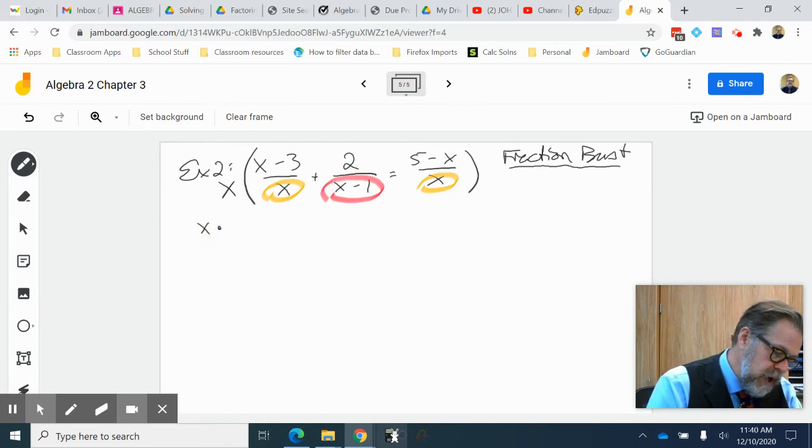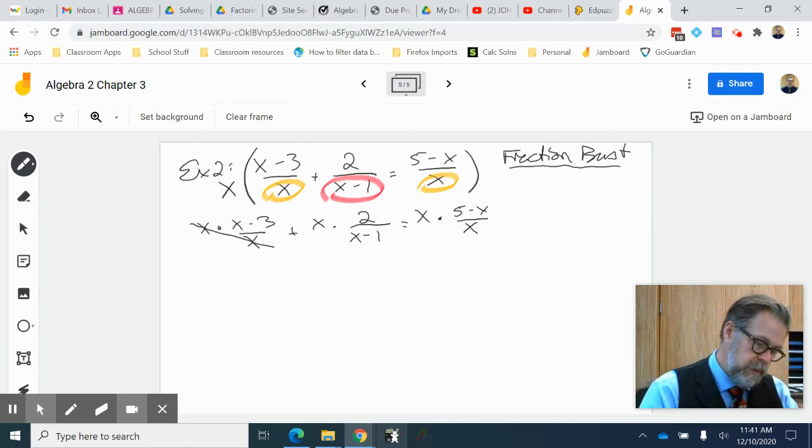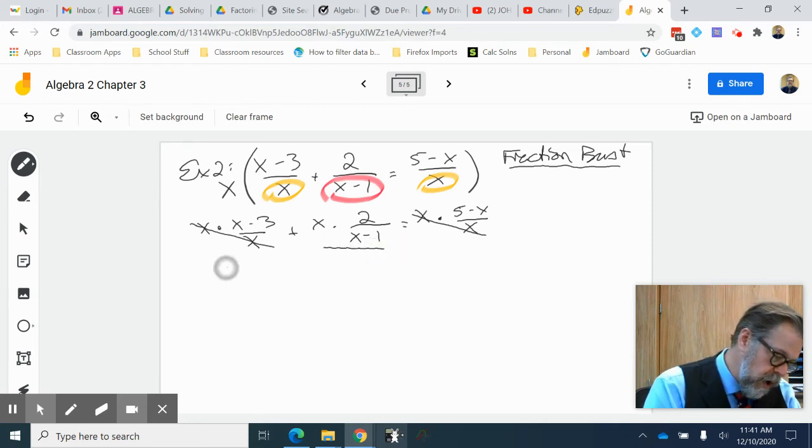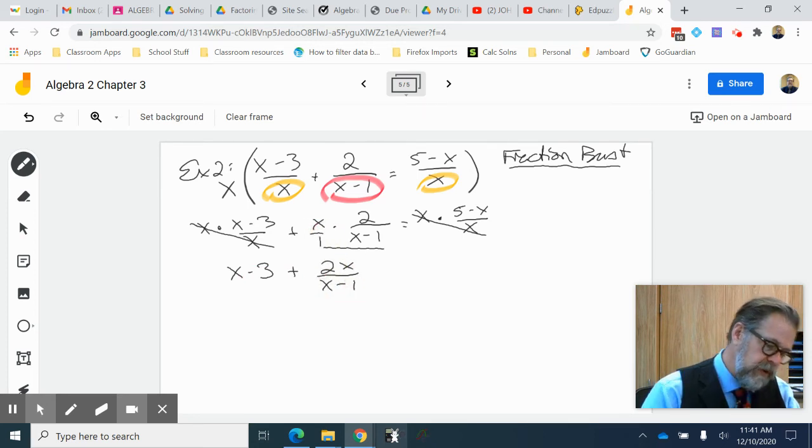X times x minus 3 over x plus x times 2 over x minus 1 equals x times 5 minus x over x. Notice that this reduces and this reduces, but this does not. So I am left with x minus 3 plus 2x over x minus 1. Think about that as x over 1 times 2 over x minus 1 equals 5 minus x.